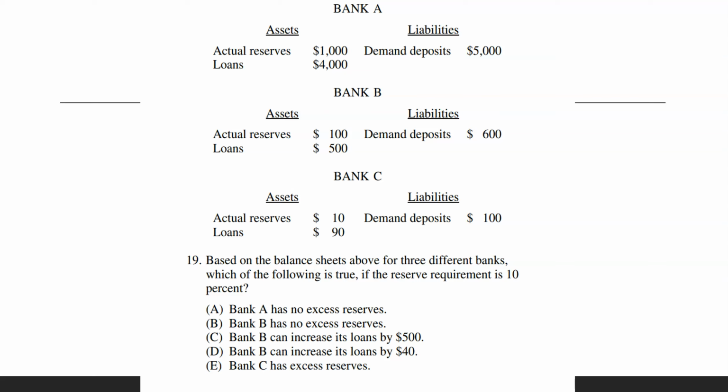Well, that's $500. They got $500 in excess reserves. A's not the answer. Bank B, their demand deposits are $600, so they have to have $60 in required reserves. So they got $40 in excess reserves. So B's not the right answer. As a matter of fact, you can see right there that D is the right answer.